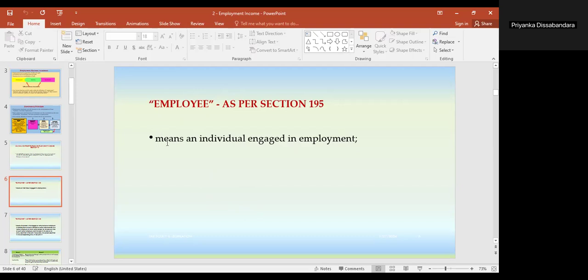If we have the term means, that is the meaning. If we have the term includes, we can include more things other than the provided definition.